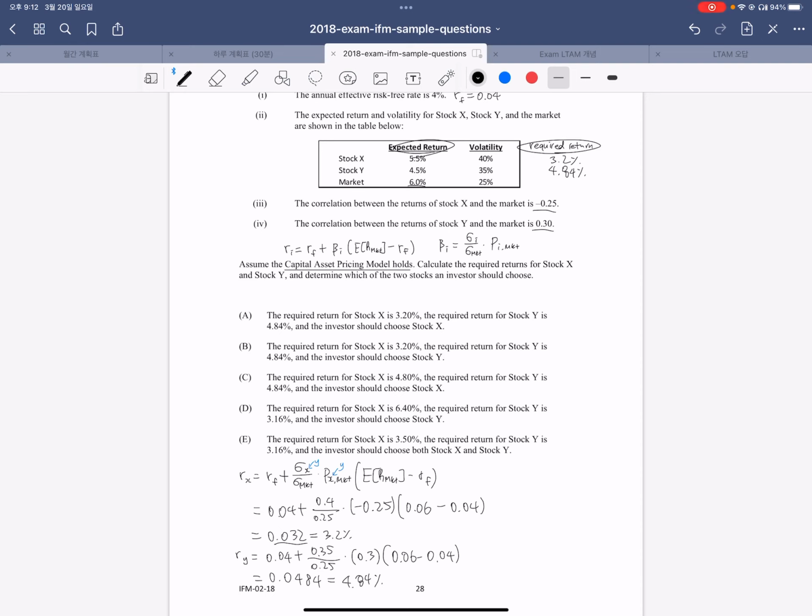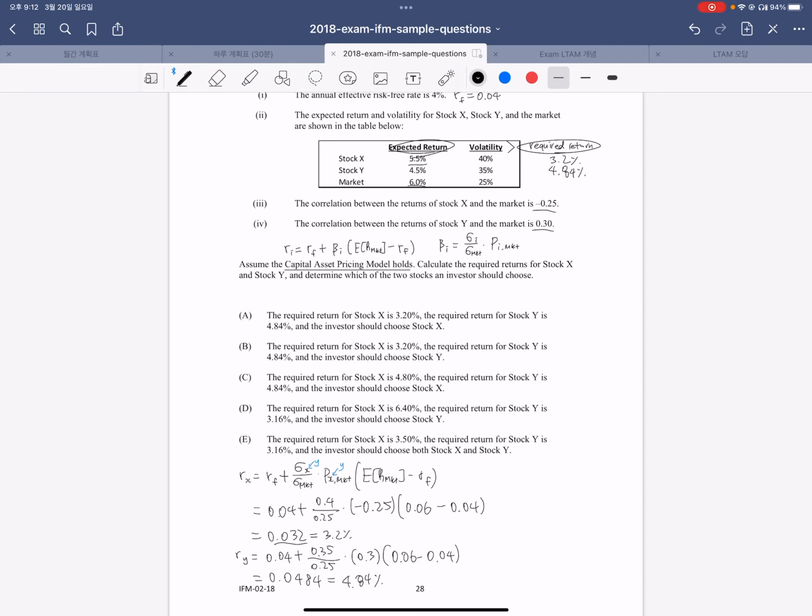And we can see that for stock X, expected return is larger than required return for X because 5.5 is larger than 3.2.